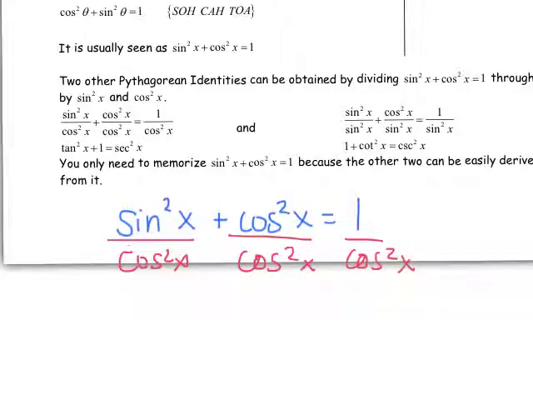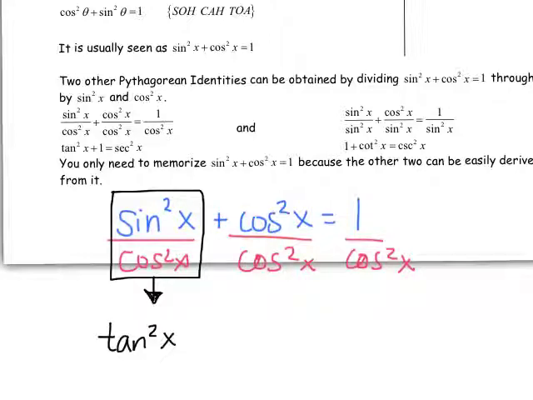So as long as I divide every single piece by cosine squared, then I can come up with a new identity. And that new identity is based on what is sine squared over cosine squared. Well, sine over cosine is tangent, therefore sine squared over cosine squared is tangent squared. Cosine squared over itself, anything over itself, is 1.